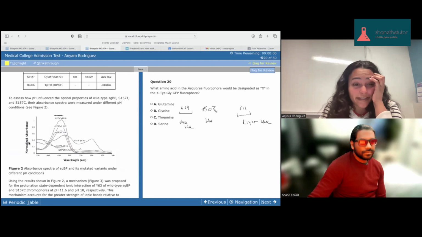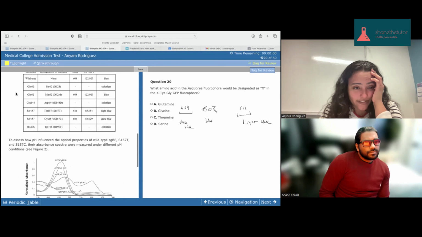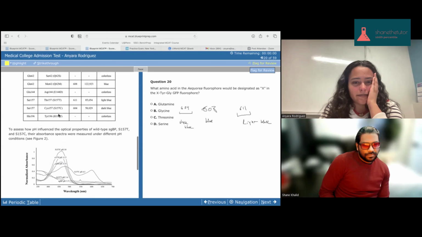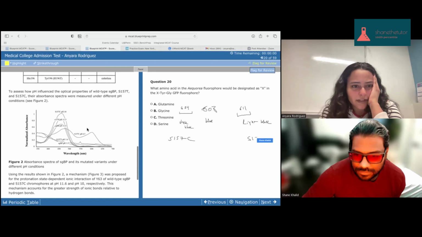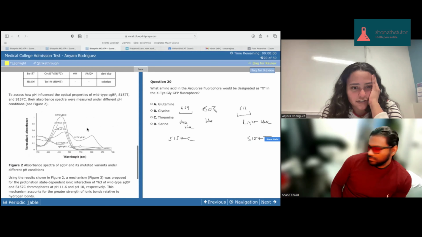To assess how pH influences the optical properties of wild type SGBP, S157T, and S157C, these mutations, the colored ones, the ones that we have the information for, their absorbance spectra were measured under different pH conditions.